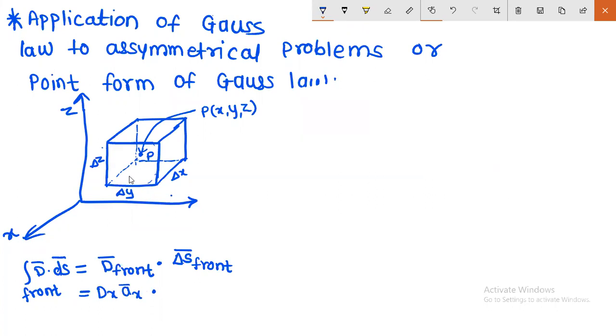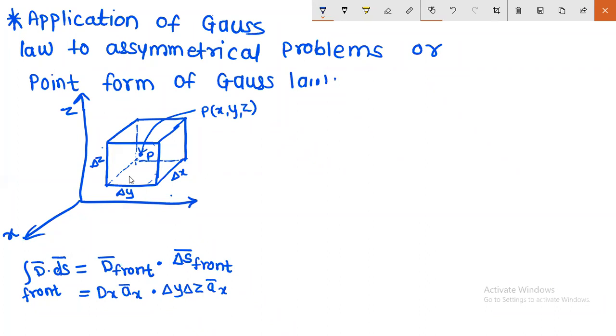Now tell me what is the differential surface area for this front side? Which sides are present? Delta y and delta z are present, right? So it is delta y, delta z into unit vector, again a bar x, the perpendicular vector.